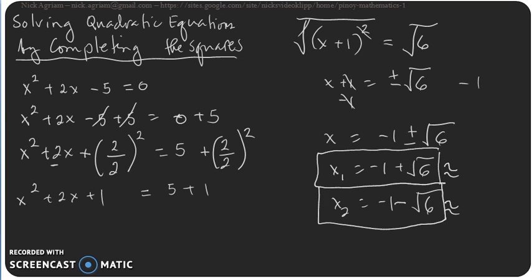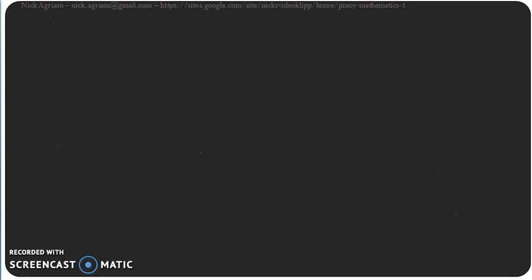Okay, let's try some examples. Easy one. We have x squared plus 6x minus 13 is equal to 0.